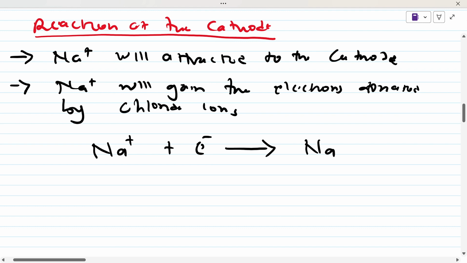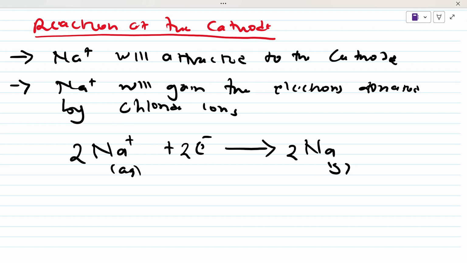But what really happened was 2 electrons were donated by 2 chloride ions, giving us a chlorine gas. So we have to give a justification of that. So we are going to say 2 electrons must be accepted. So we need 2 sodium ions to give us 2 moles of sodium metal. So this is a solid. This is always in aqueous or molten state, and this is the reaction that is happening.